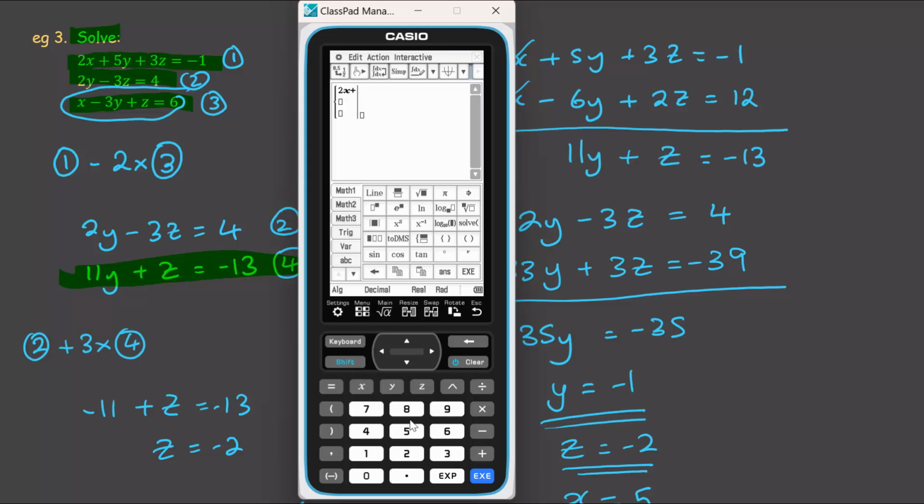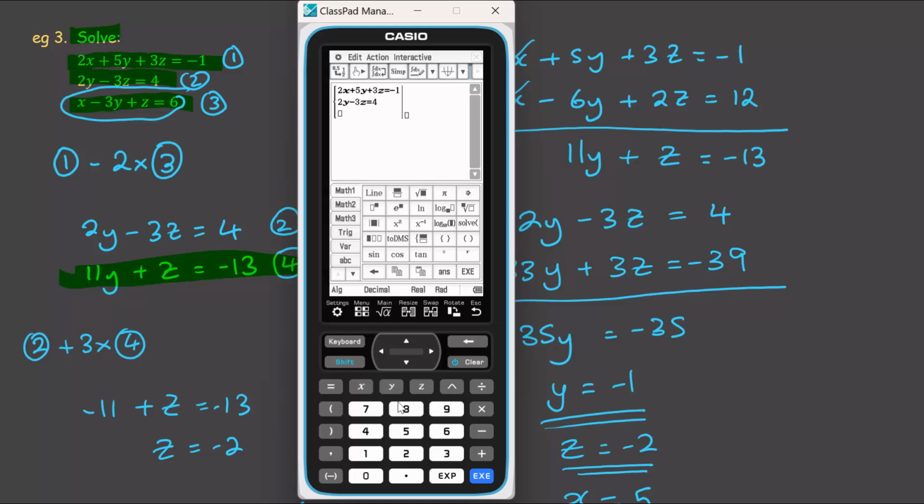Our system was 2x + 5y + 3z = -1. The second equation was just 2y take away 3z, that's equal to 4.